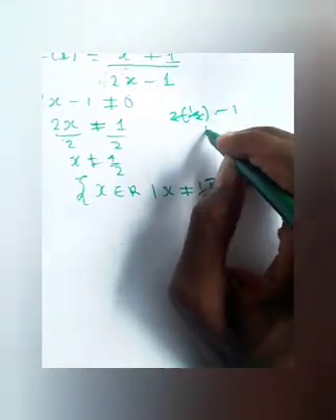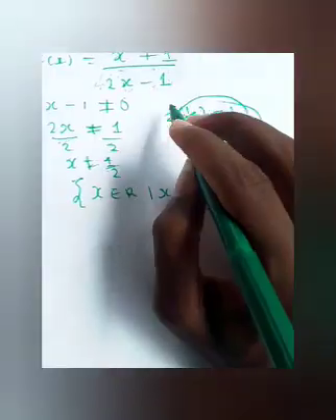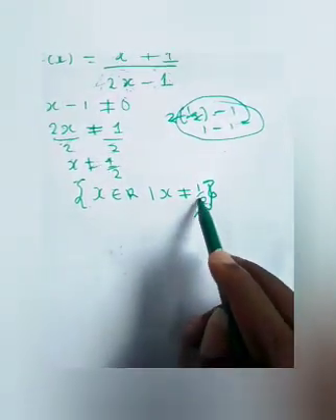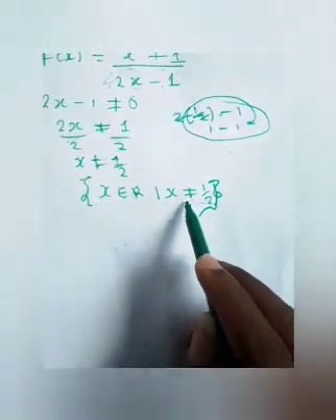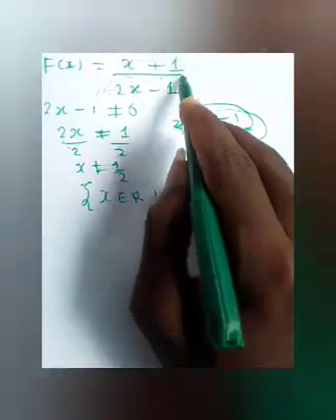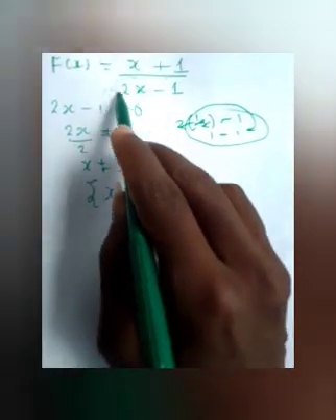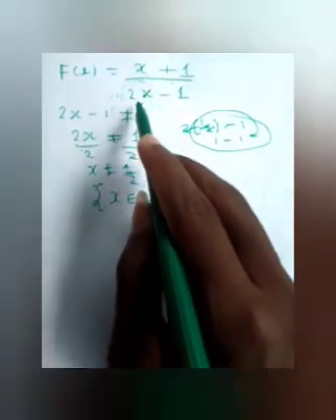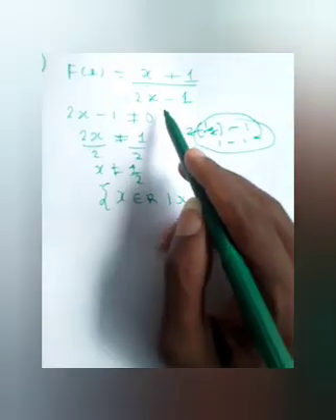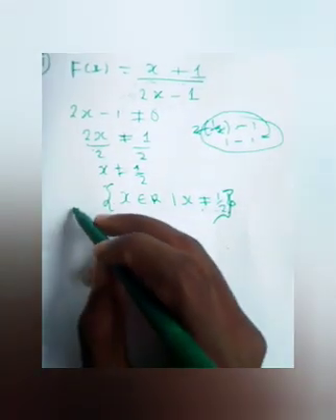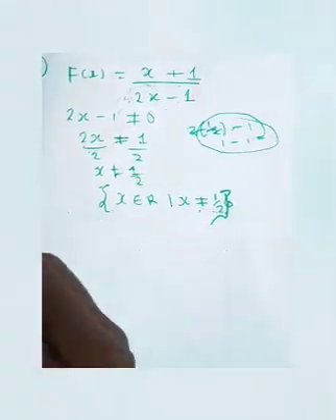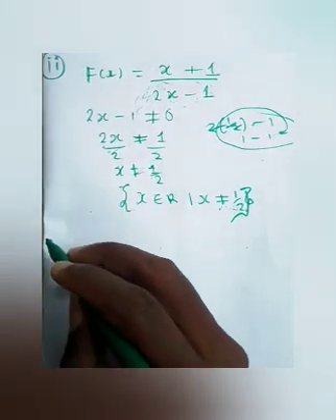This is going to give me 1 minus 1, and it will be 0. Have you seen? So it should not be equal to 1 over 2, because if I have x as 1 over 2, I'll get 0 when I substitute. And we don't have to have 0 on the denominator, because if you have 0 on the denominator, it means that that function is now undefined. Makes sense, right?